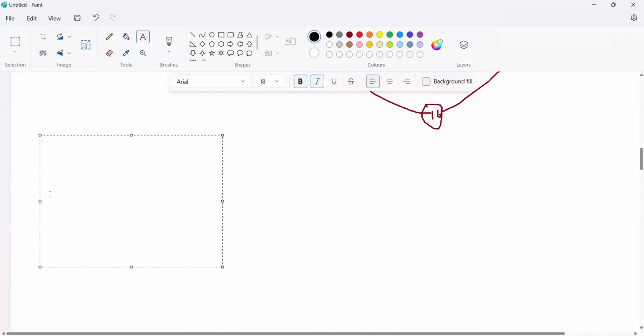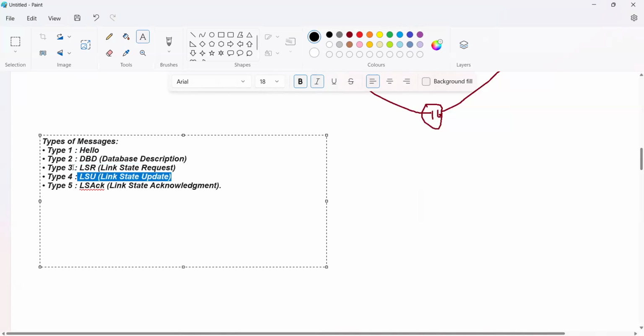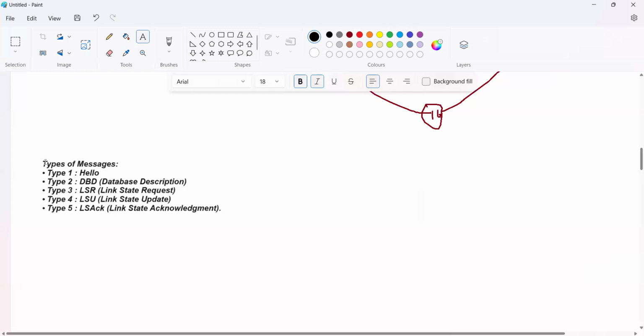OSPF has 5 message types: the hello message, database description (DBD), LSR (link state request), link state update, and link state acknowledgement. How they work, we'll discuss. These are the types of messages, and we'll discuss the states as well.